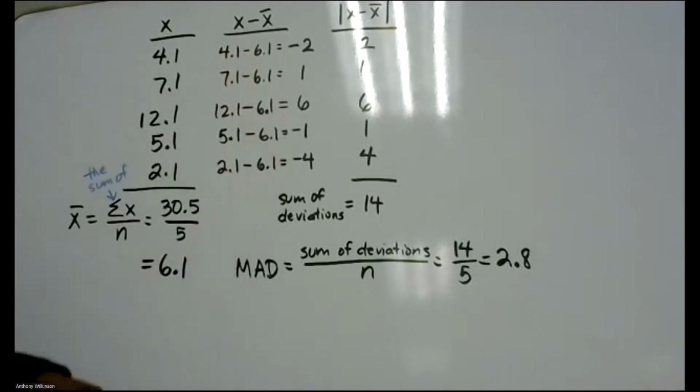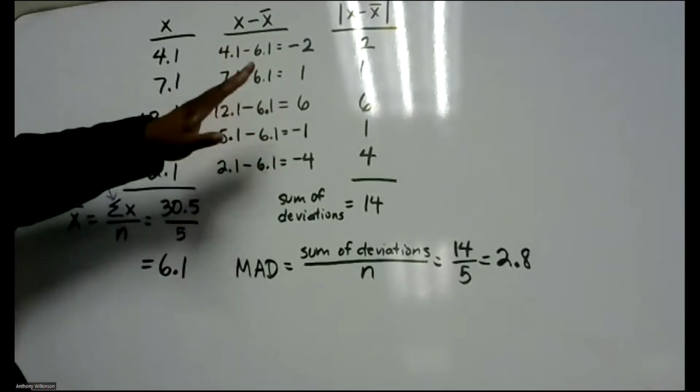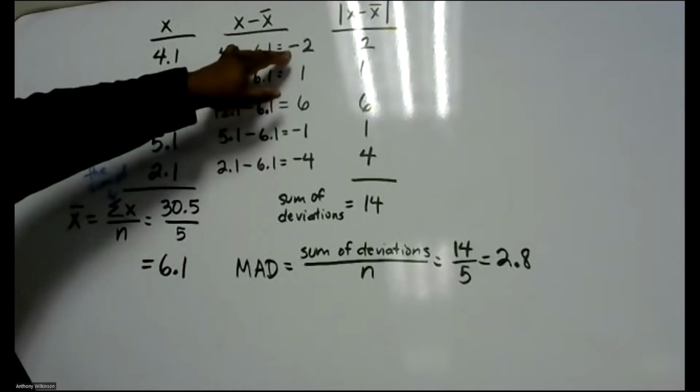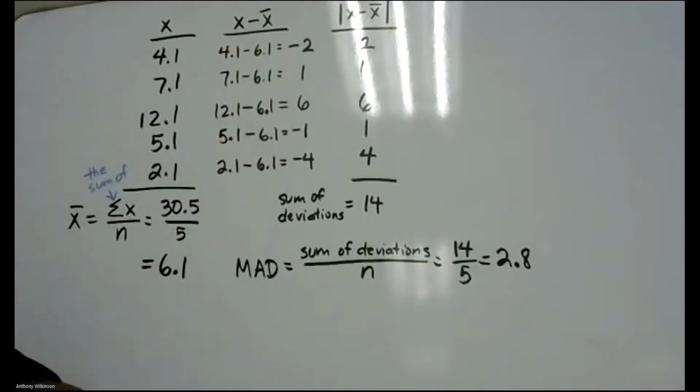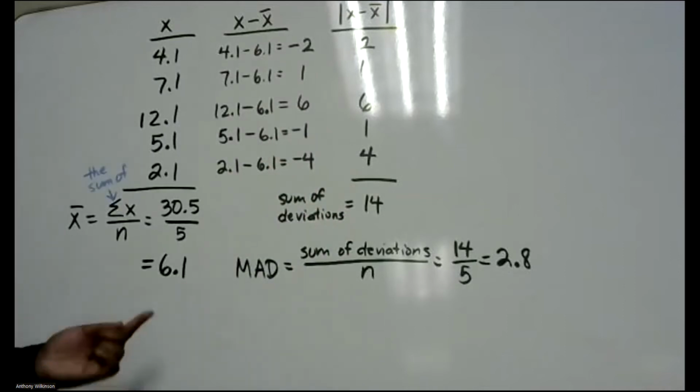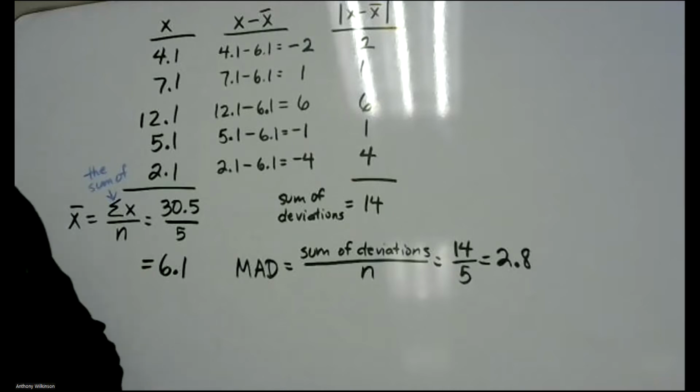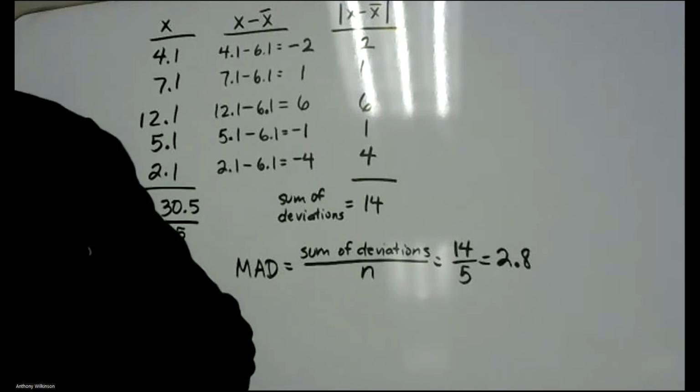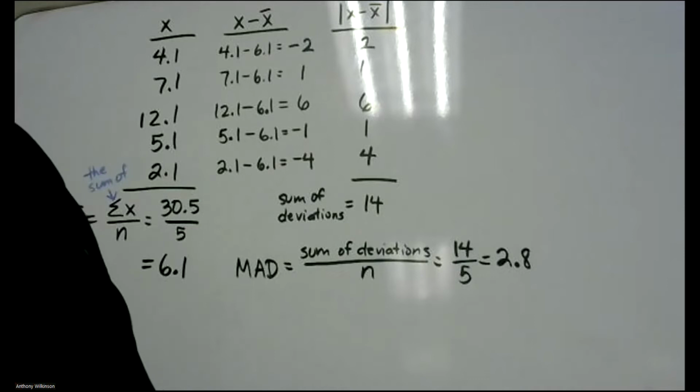Some will be positive, some will be negative. And then after that, you take the absolute value of those differences, sum these deviations together, and then divide by how many data values you have. Okay. All right, so much for finding the mean absolute deviation.